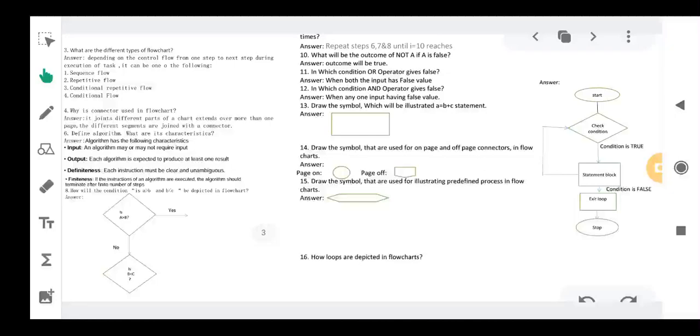Next we have finiteness. What is finiteness? If the instructions of an algorithm are executed, the algorithm should terminate after a finite number of steps. It is a very important characteristic.